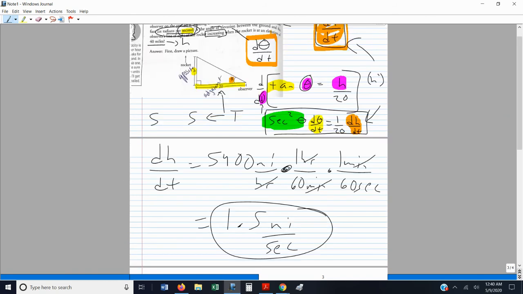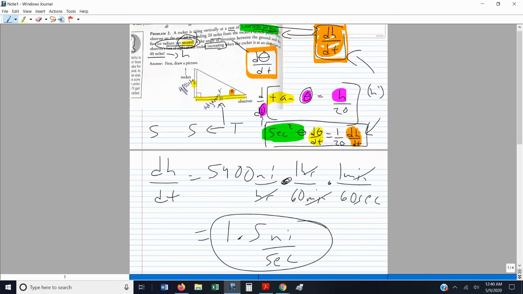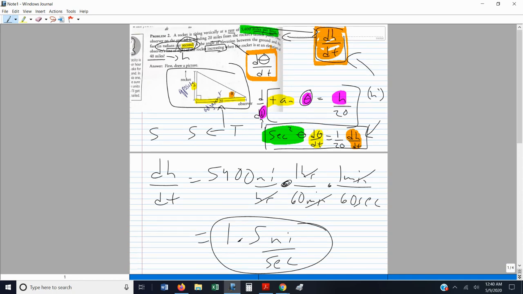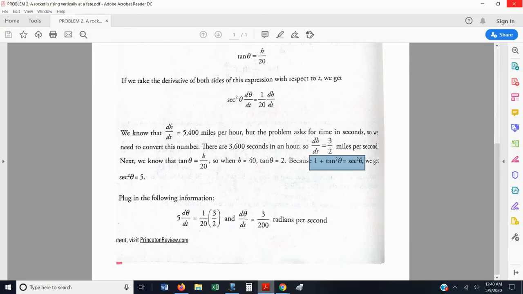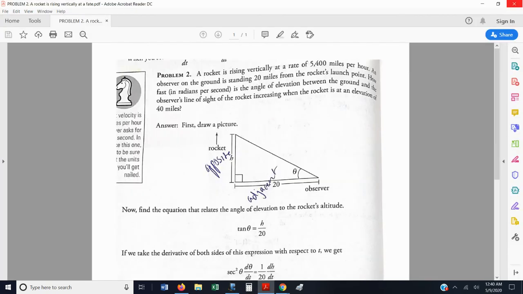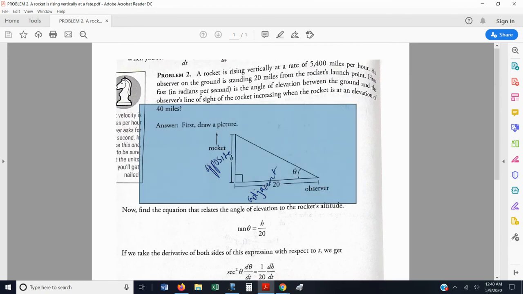So I went back to this triangle right here. I'll copy the question so we can see it.